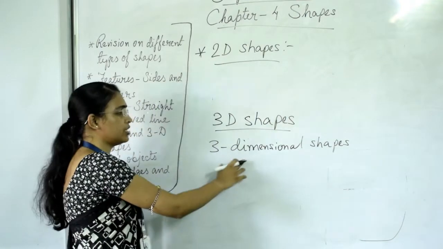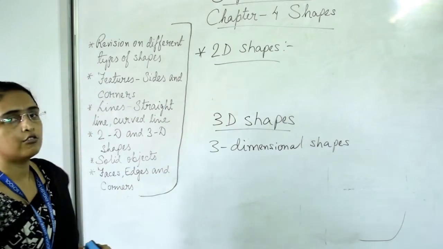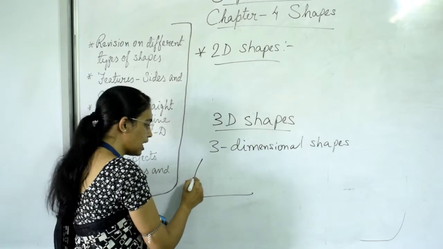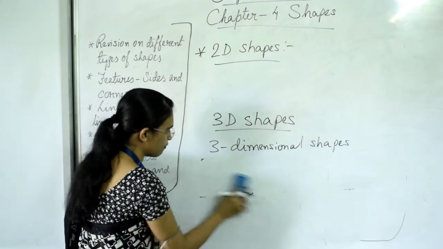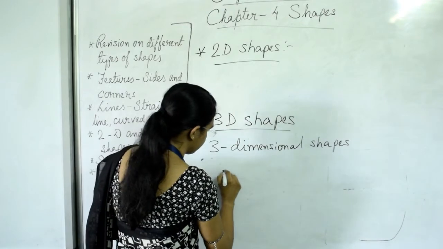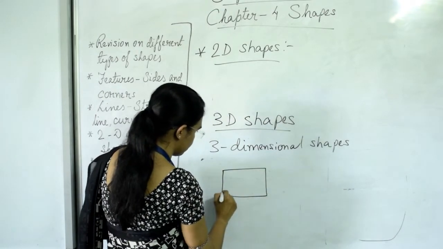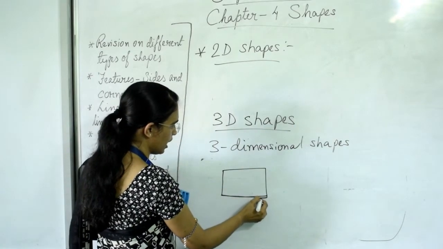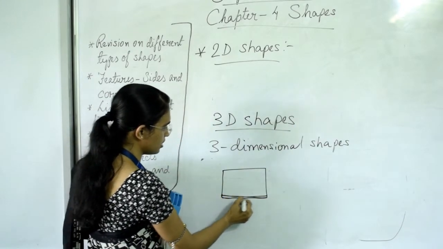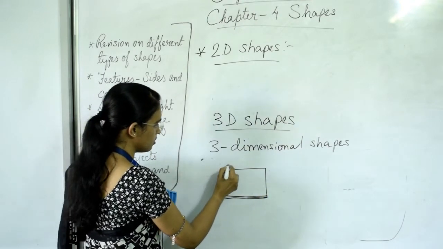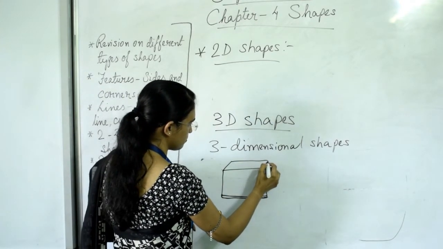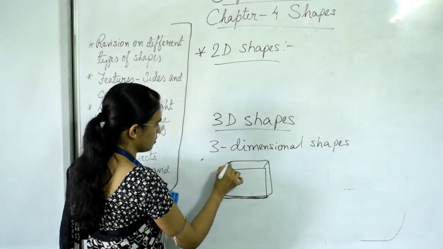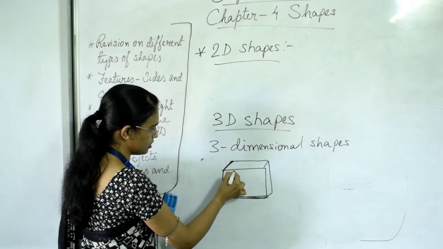Now in a three-dimensional shape, there are three measurements. One is length, another one is breadth, and another one is height. Suppose I have drawn a rectangle. In a 3D shape we have three measurements. One is length, one is breadth, this one, and another one is height.